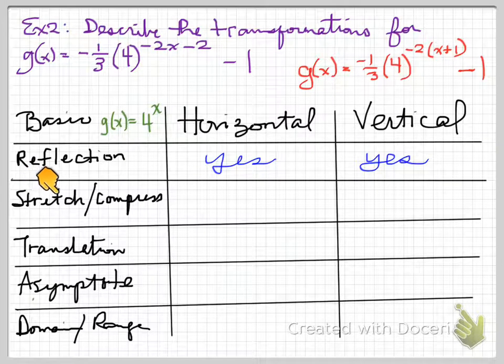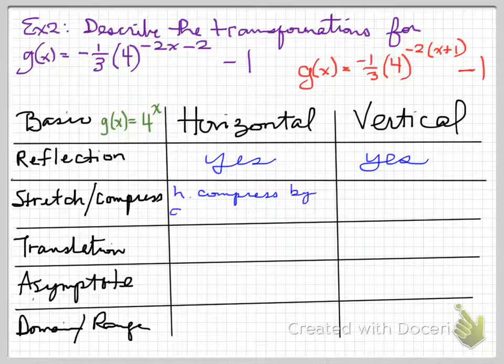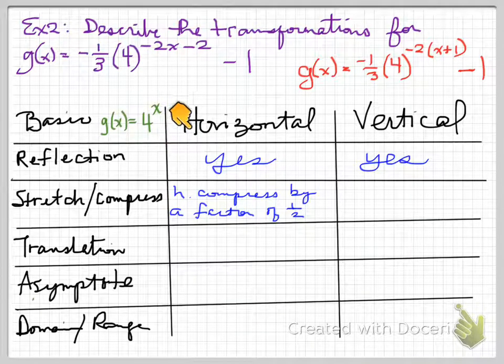1 over 2 means that horizontally it must compress. So the graph horizontally compresses by a factor of 1 over 2. Now I want just an H there to remind you that it is a horizontal compression. So it comes across horizontally versus vertically. Now, let's check the vertical.